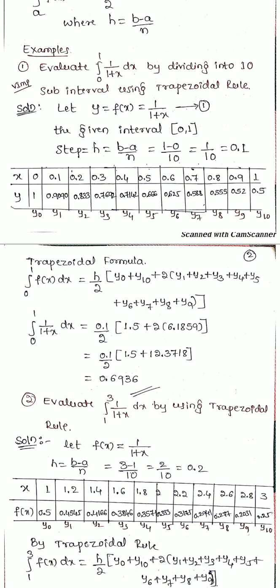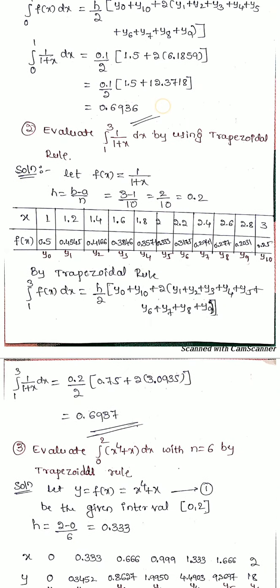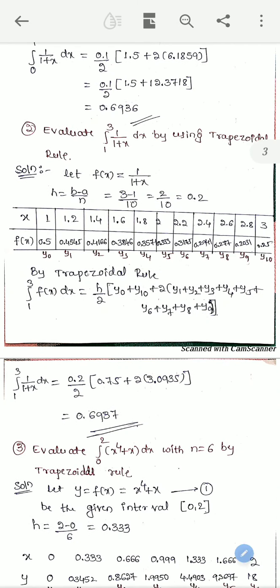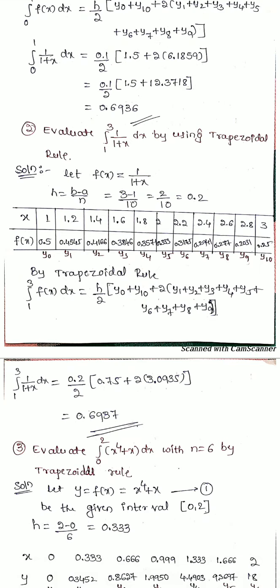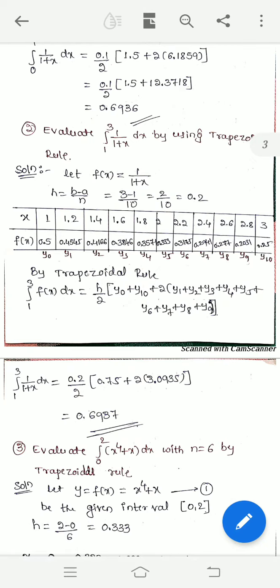Let me take another example based on this method only. Evaluate the integration from 1 to 3 of 1 divided by 1 plus x dx by using the trapezoidal rule. Okay, it is similar to the example shown here.